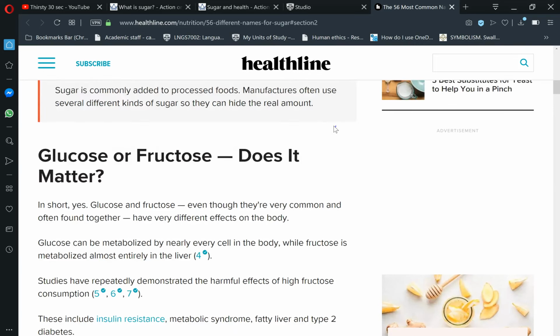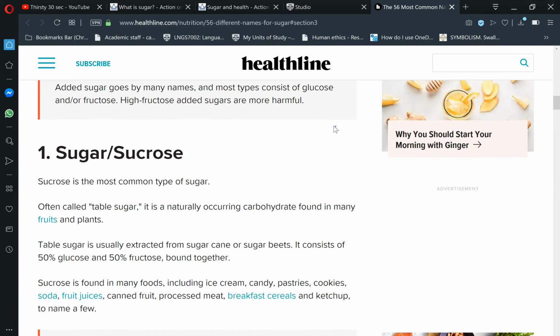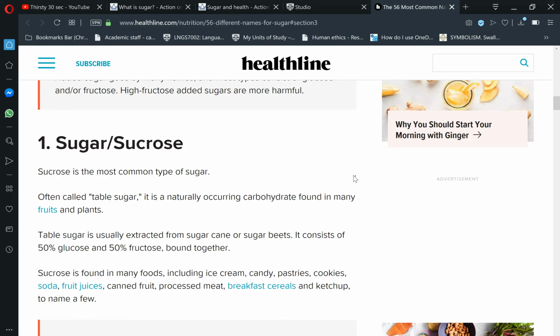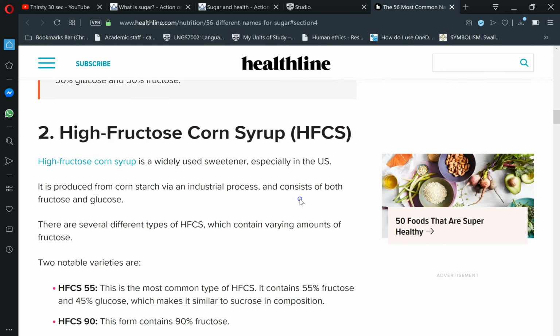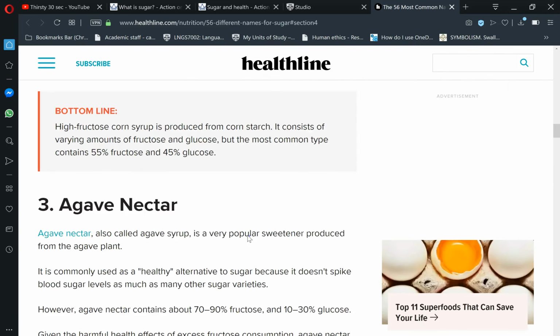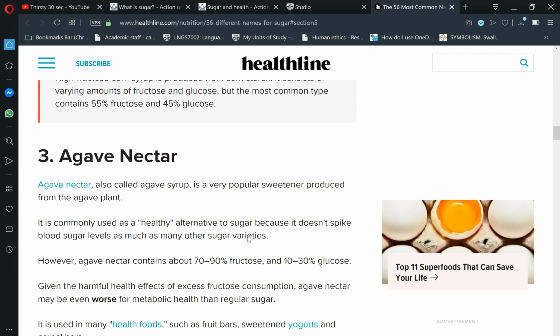So here we are. I find this article quite nice. It steps through the different names that we give to sugar. Starting with sugar and sucrose, which is something that we might all be familiar with. And we might also be familiar with high fructose corn syrup, and you might know that this is something that we need to avoid. But then it goes into the different names that you might not actually know are sugar.